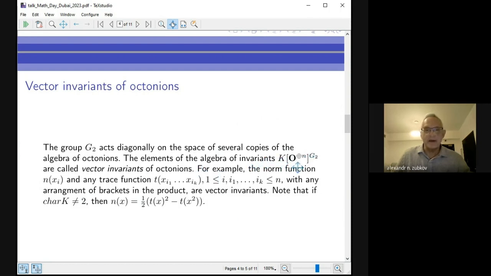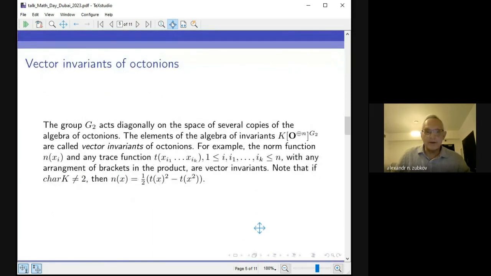I consider the space of n copies of octonions on which our group G2 acts, of course, diagonally. This action of G2 on several copies of octonions induces the standard action on the coordinate algebra of this vector space, and the invariants of this action will be called vector invariants of octonions.